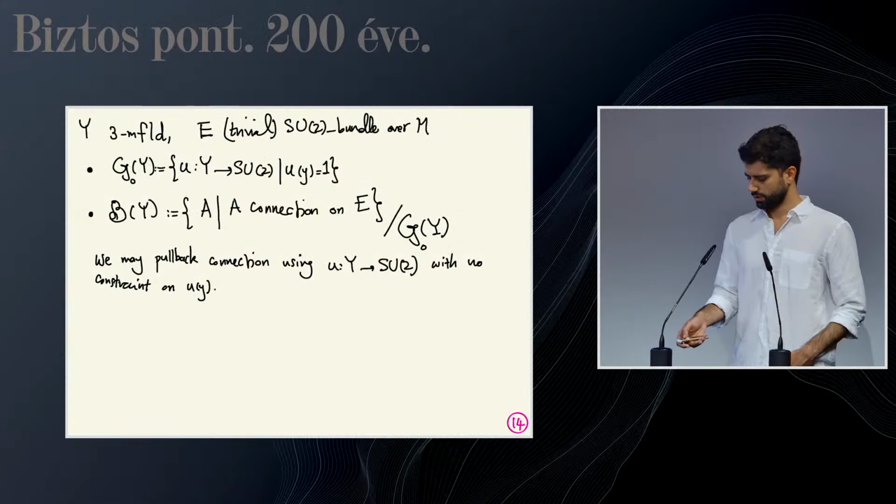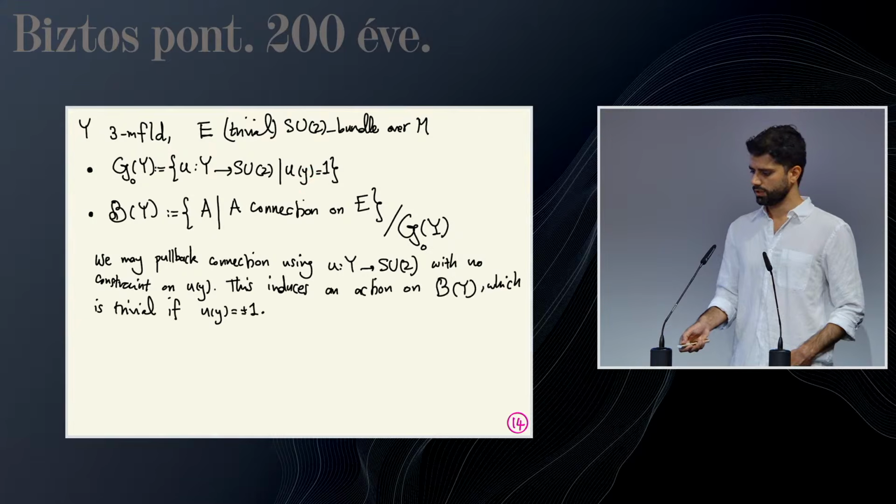The reason that I'm not taking the quotient by everything is that this is now a smooth, infinite dimensional manifold. Whereas if I took the quotient by all automorphisms of the bundle, I would get connections with non-trivial stabilizer, so the quotient wouldn't be smooth. But nevertheless, we can take the action of arbitrary automorphisms, without any constraint on the value at the base point.